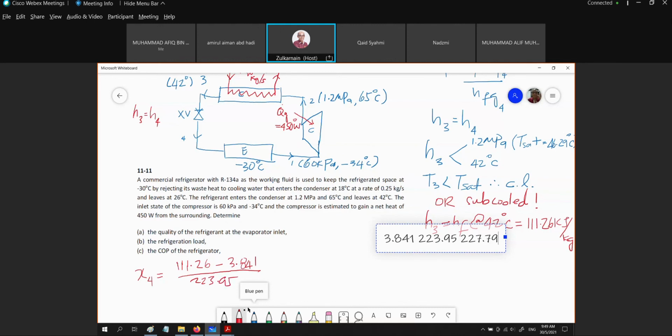Okay guys, can you get the value of X4, the quality? 0.447. Give me X with 4 decimal points: 0.4797. Okay, thank you. So that is the quality for part A.